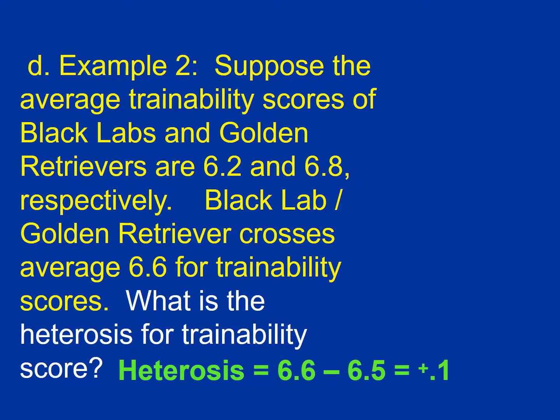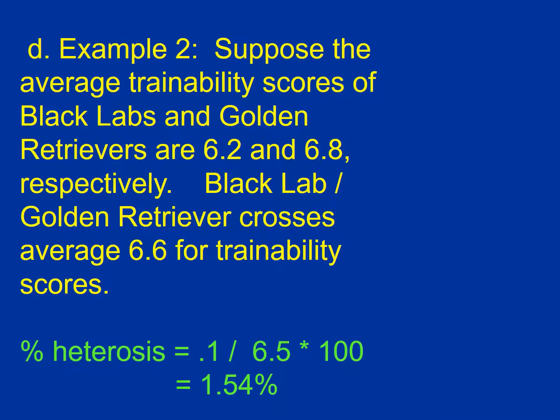So the amount of heterosis then is 6.6 minus 6.5. We have a plus 0.1 on a 1 to 10 scale, so very little there. We can look at it as what percent heterosis did we get. So the percent heterosis then is 0.1 divided by the parental average times 100, 1.5%.